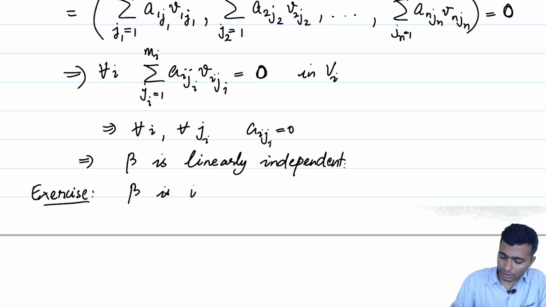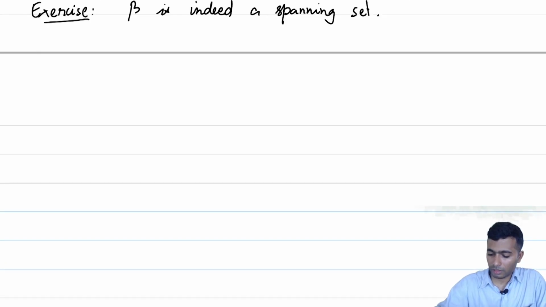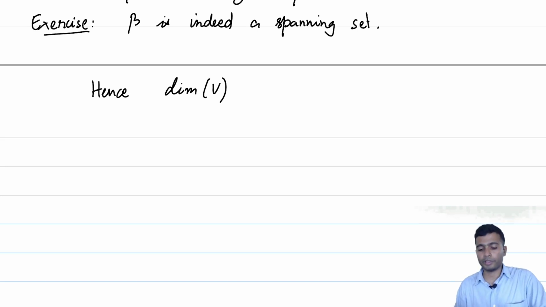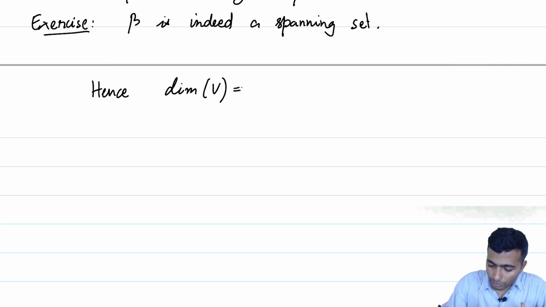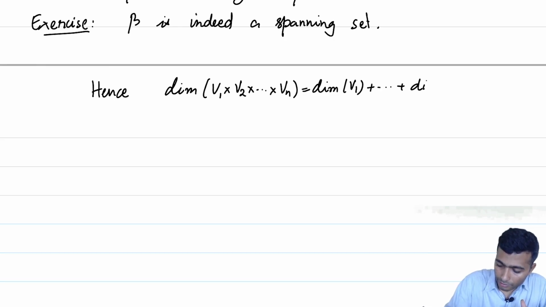And with this, the dimension of V will turn out to be the size of beta, which is equal to, what is V here by the way? It is V1 cross V2 up to Vn, which is equal to the dimension of V1 plus the dimension of V2 up to the dimension of Vn.